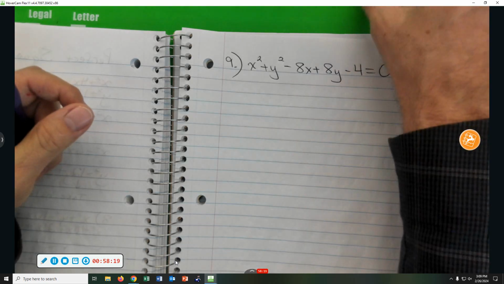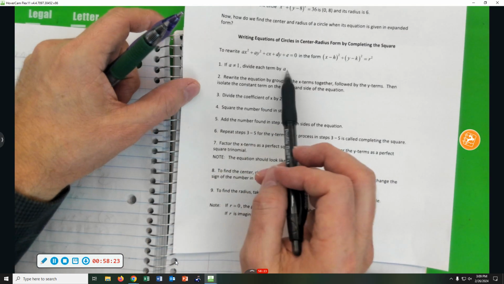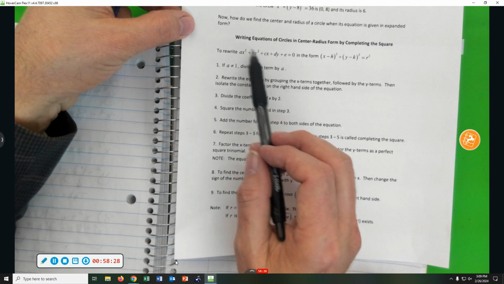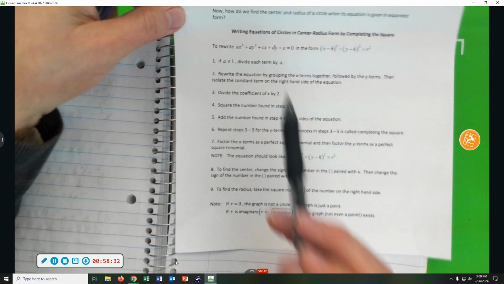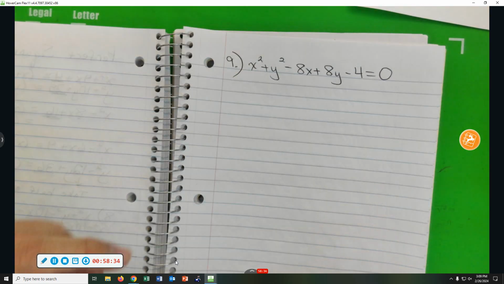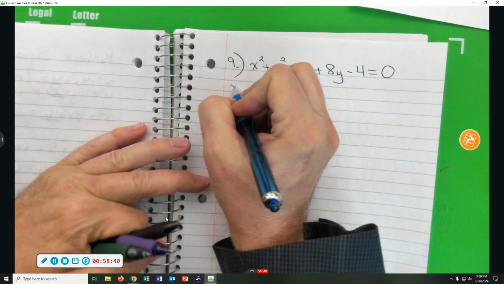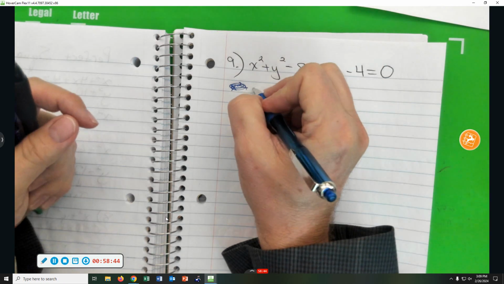So that first step, divide through by a. If a isn't equal to 1, we just skip. I'm sure there will be at least one problem where the number in front of x squared and y squared is not a 1. So far, it's still just a 1, but we'll get to a point where it's something other.